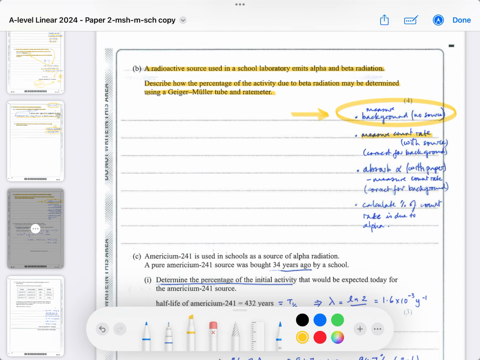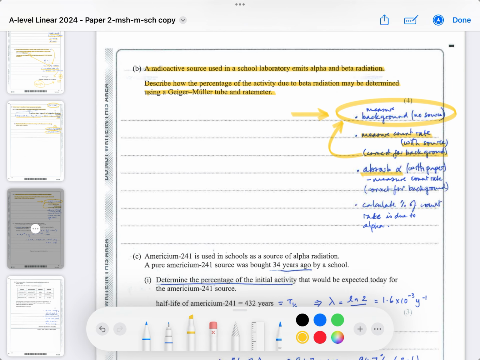Measure the count rate with the source. So without, then with the source. Correct for the background. That means you remove the value that was there and you do it a few times and average it. So you know your average rate of background count with your Geiger-Müller tube sensitivity and the rate meter.